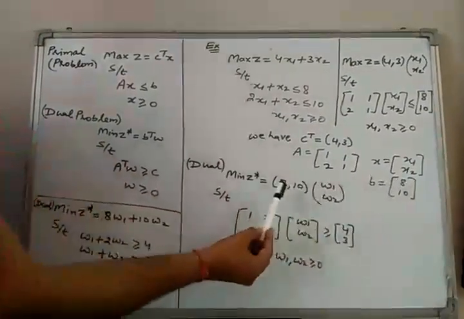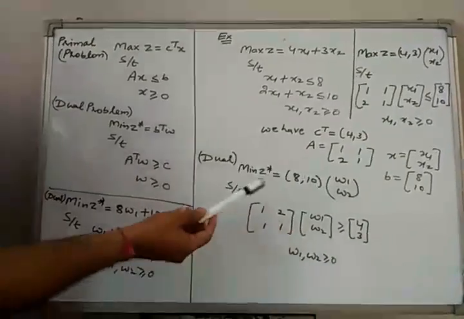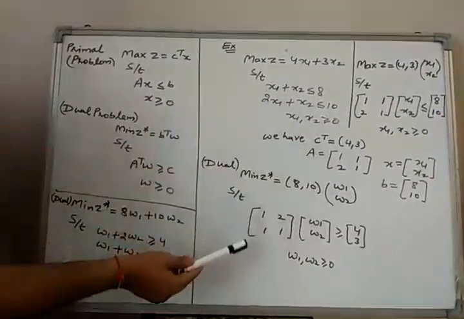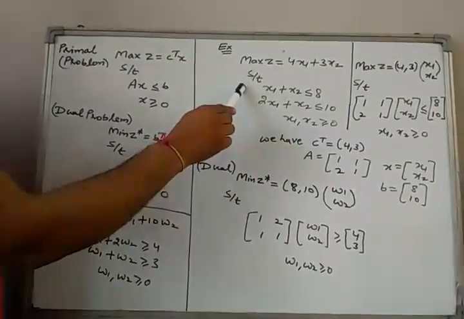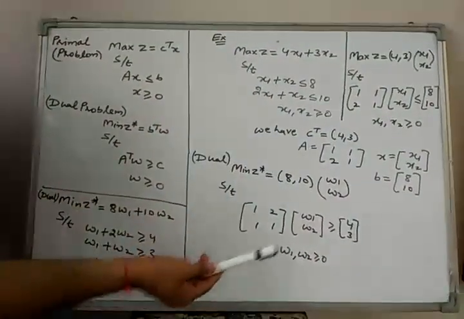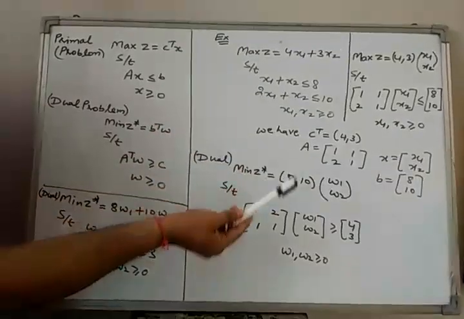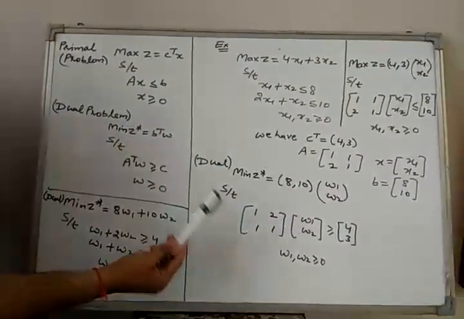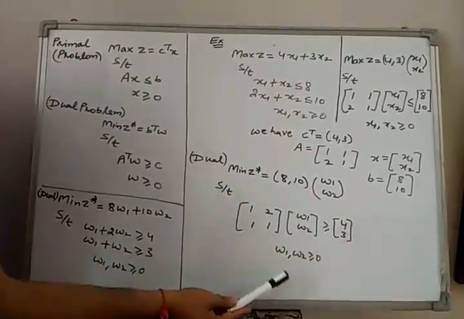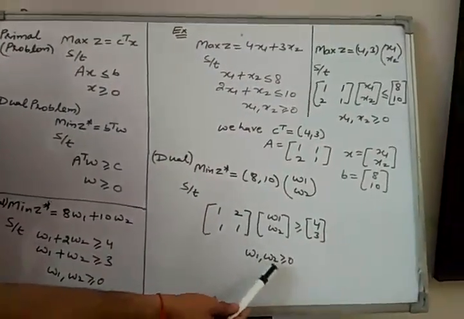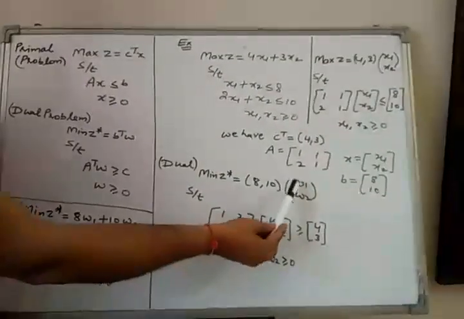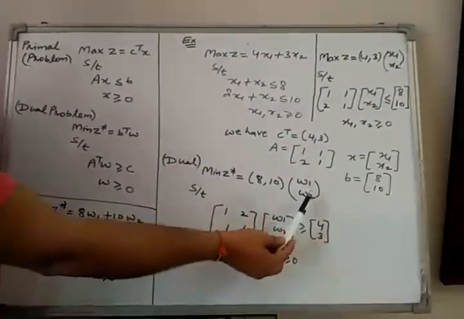Therefore this becomes (8, 10), and as we already discussed, dual constraints equal the number of primal variables and dual variables equal the number of primal constraints. As there are two primal constraints, there are two dual variables, which we call W1 and W2. Therefore this becomes (8, 10) multiplied by (W1, W2).